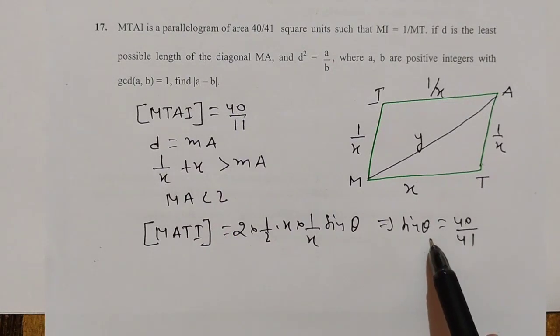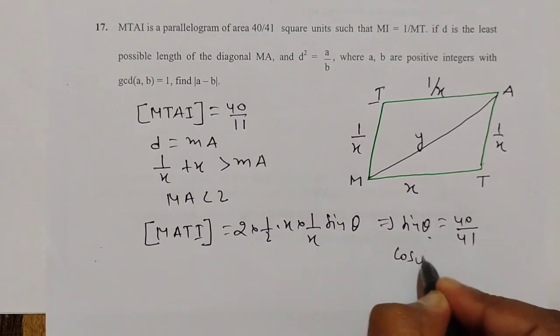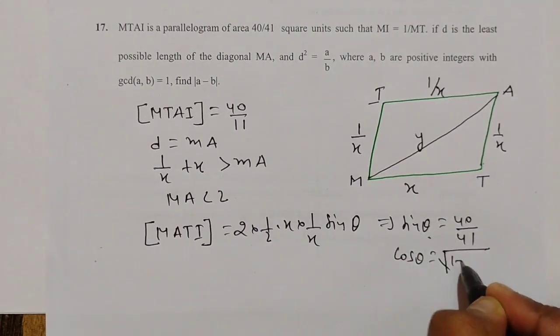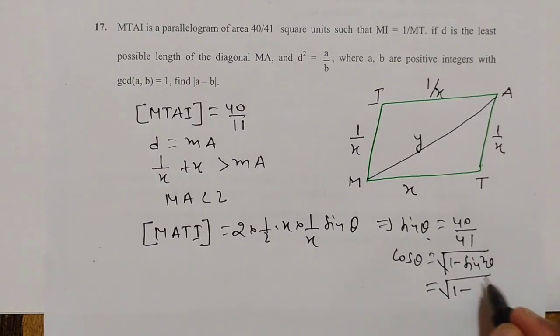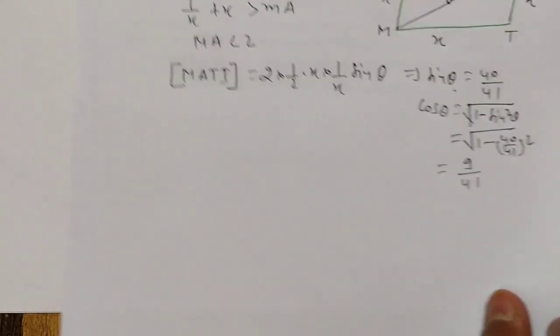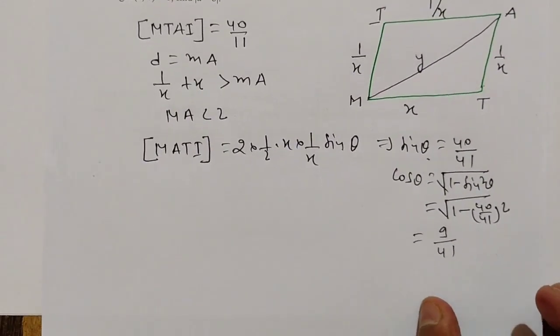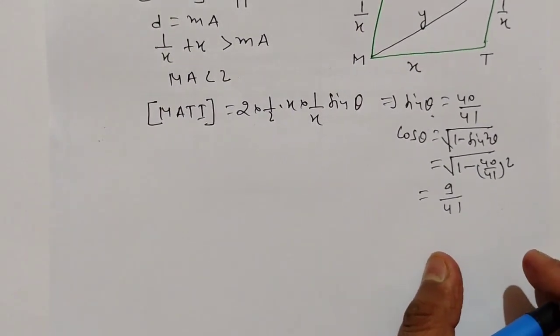So sine theta is equal to 40 by 41, and same we can find the value of cos theta is equal to a square root of 1 minus sine square theta, and this is equal to a square root of 1 minus 40 by 41 whole square, and this is equal to 9 by 41. So now we have the values of sine theta and cos theta.